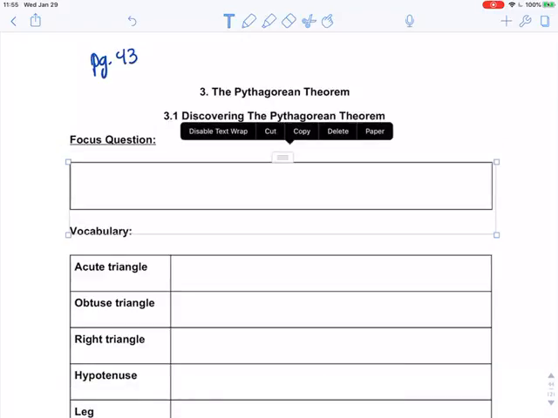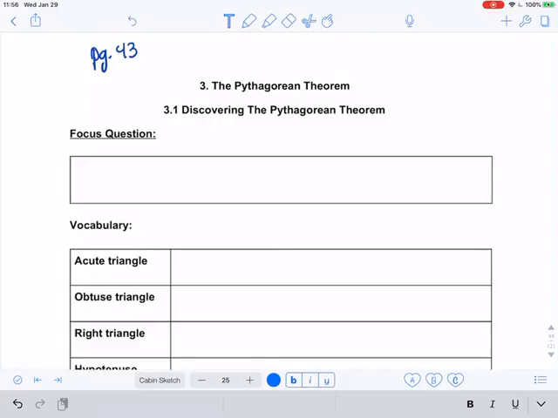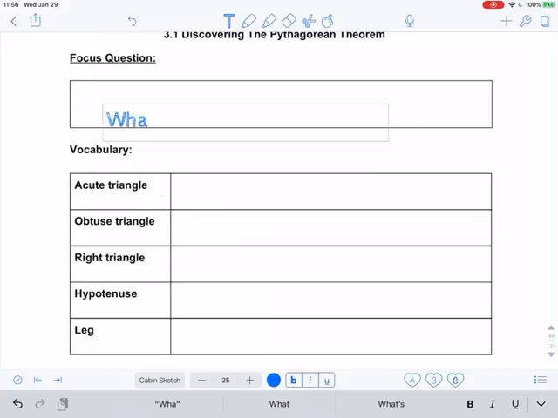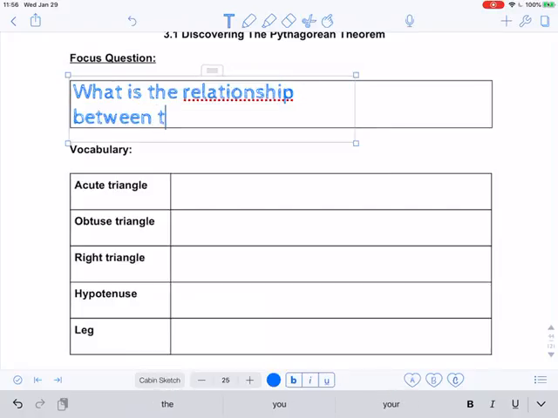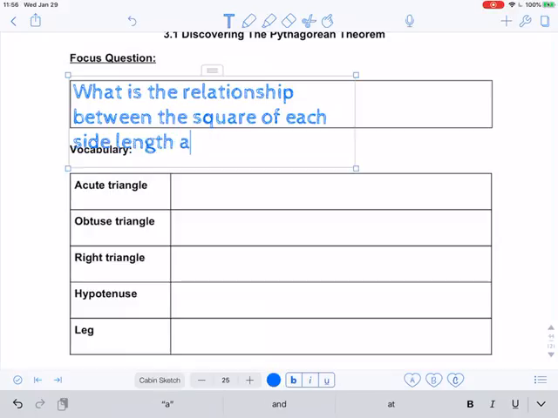Okay, so here is Investigation 3. The focus question is: what is the relationship between the square of each side length of a triangle?